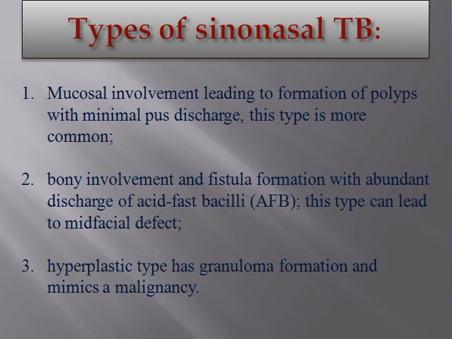And I prepared for you this slide which shows us types of sinonasal tuberculosis. And you can see that there are three types and they have been described as first, second, and third. The first one is mucosal involvement leading to formation of polyps with minimal pus discharge. This type is more common.